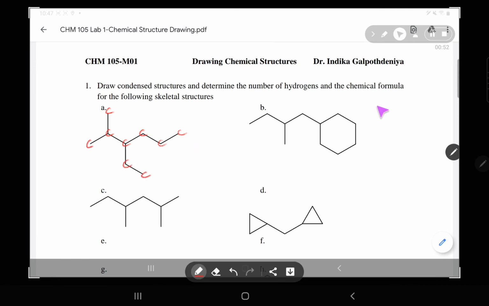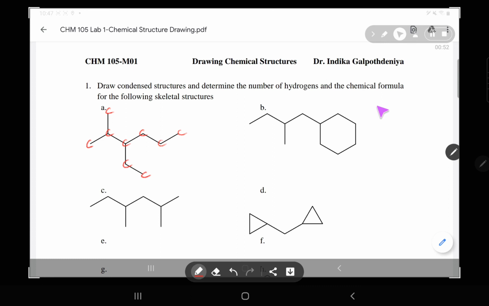The lines that we see here are carbon-carbon bonds. We don't write the carbon-hydrogen labels, and we also don't write the carbon-hydrogen bonds.